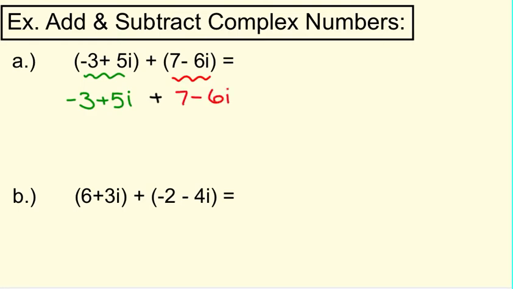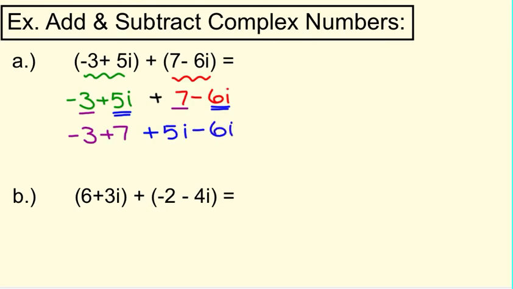And I want to group like pieces, so the real parts together and the imaginaries together. So my real pieces are -3 and 7. So -3 and +7. My imaginary pieces are 5i and -6i.